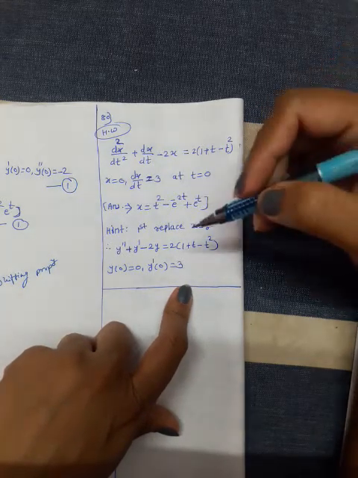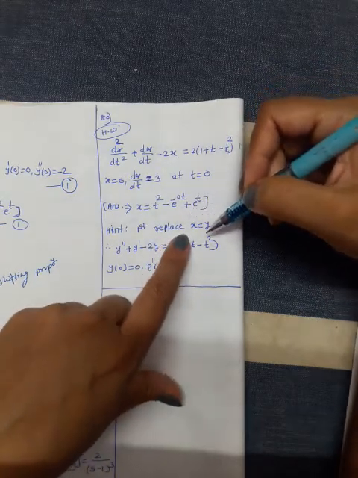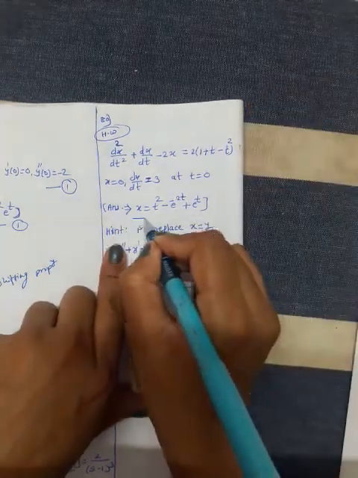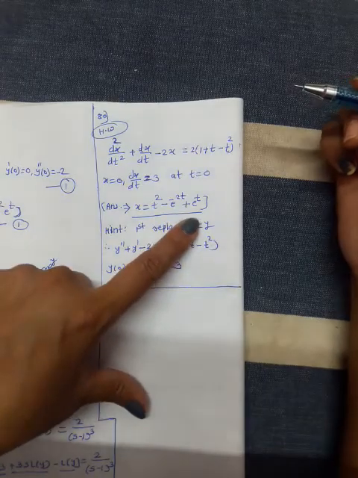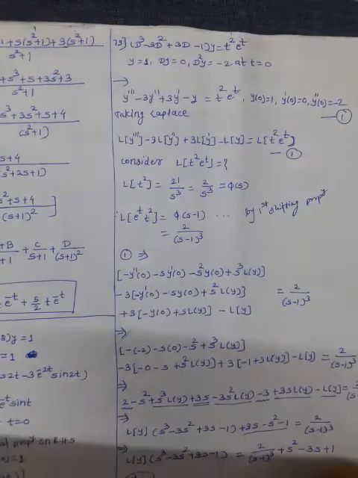But again at the last step you have to resubstitute y is equal to x. Okay, now the answer for this question is this: x is equal to t square minus e raised to minus 2t plus e raised to t. Okay, if you have any question or doubt regarding this point, you can ask me.